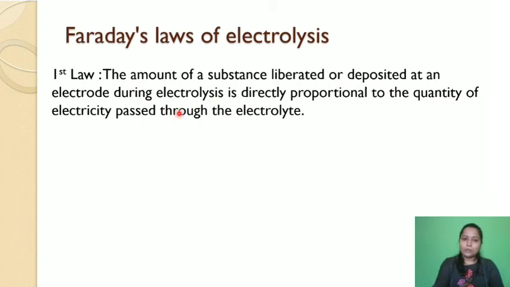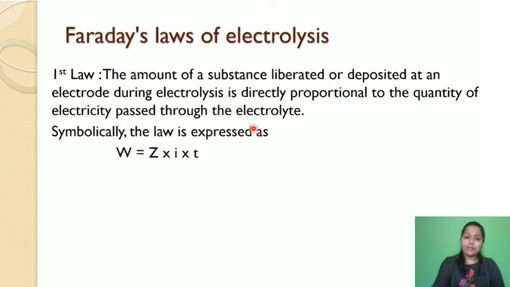Therefore, how much metal is deposited or liberated at an electrode depends upon the quantity of electricity passed through the electrolyte. So W is equal to ZIT.